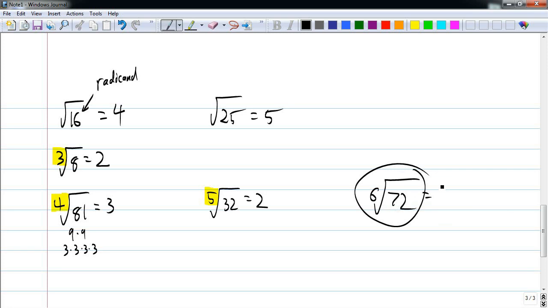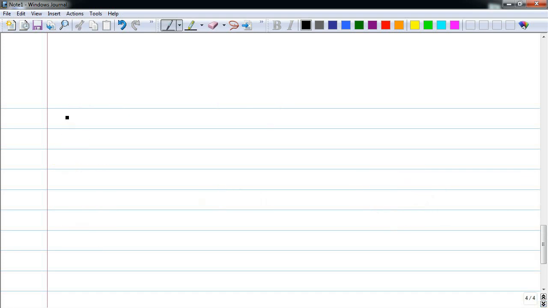Okay. Now, this is all numbers. What about variables? Well, if it's a square root, let's start with square roots. What I do is I divide every exponent with the type of radical that it is. So this is a square root.